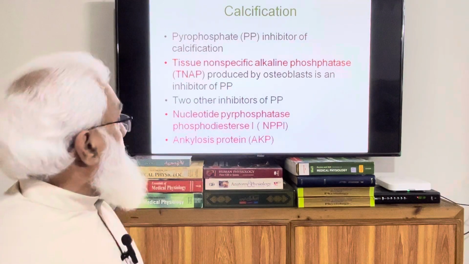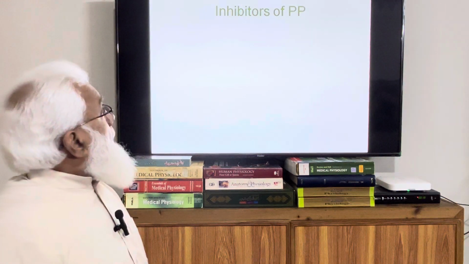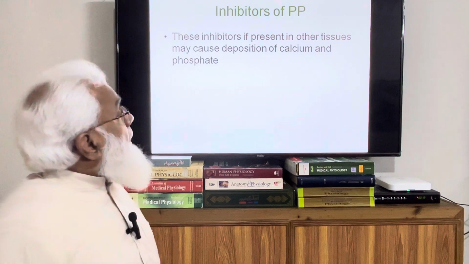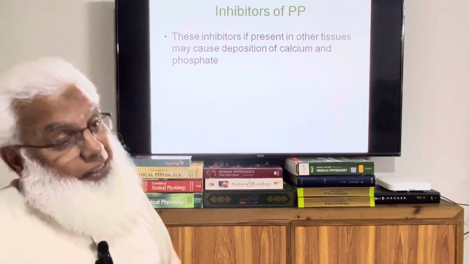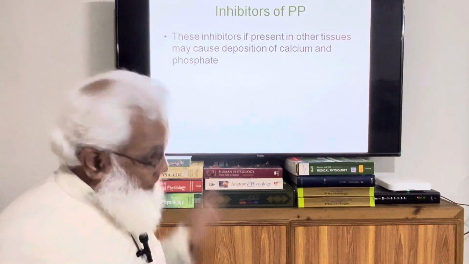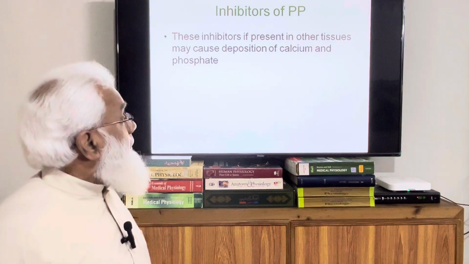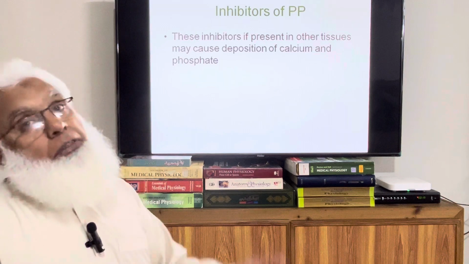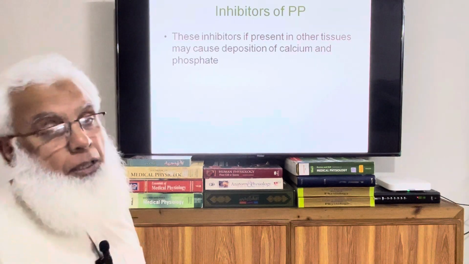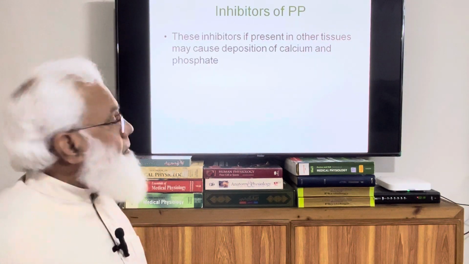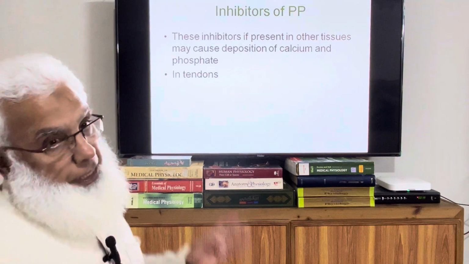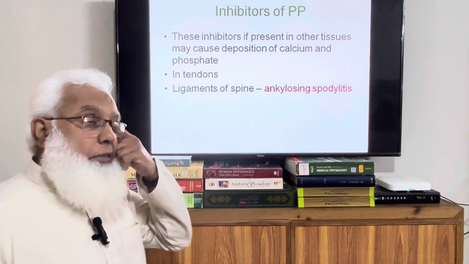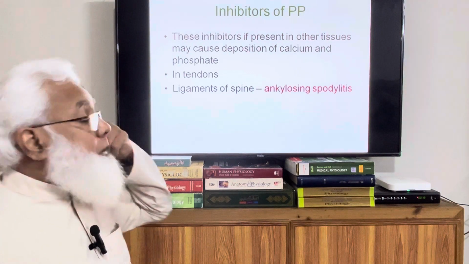Pyrophosphate can inhibit precipitation in most of the tissues. If, for some reason, the inhibitors of pyrophosphate, the three inhibitors we saw on the previous slide, are present in other tissue, they can inhibit the pyrophosphate, so there will be precipitation of calcium, and it may be deposited there, for example in tendons, for example in ligaments of the spine, which results in ankylosing spondylitis.